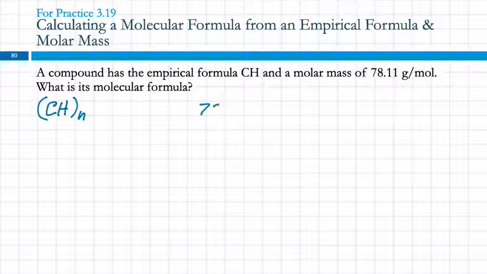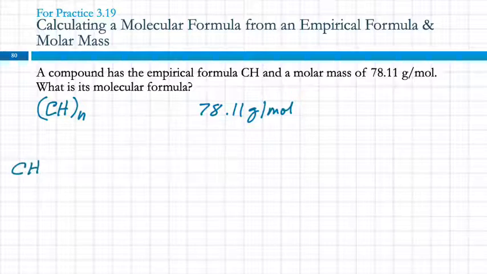So we're going to take 78.11 grams per mole, and we're going to divide by the mass of our empirical formula, which is 12.01 plus 1.008.